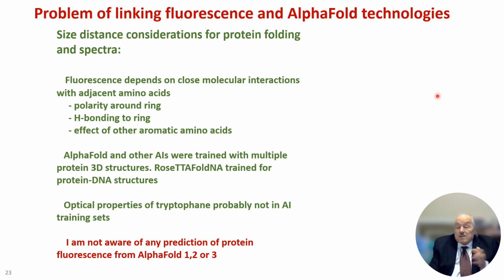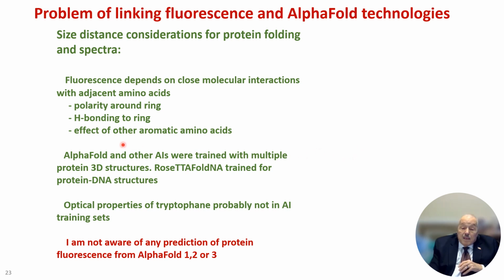For fluorescence, the things that are affecting the emission spectra are very small, close-range interactions: polarity around the ring, hydrogen bonding, effects of other aromatic amino acids. This is a level of detail that I don't think is yet included in the AI programs.